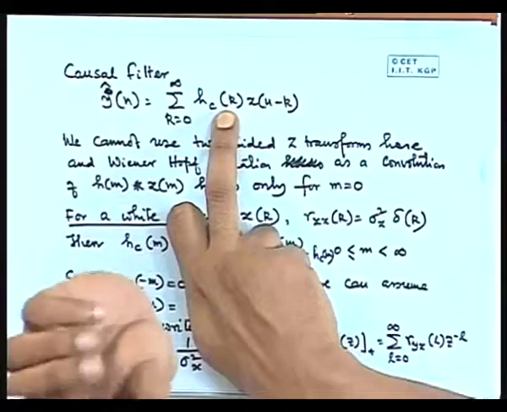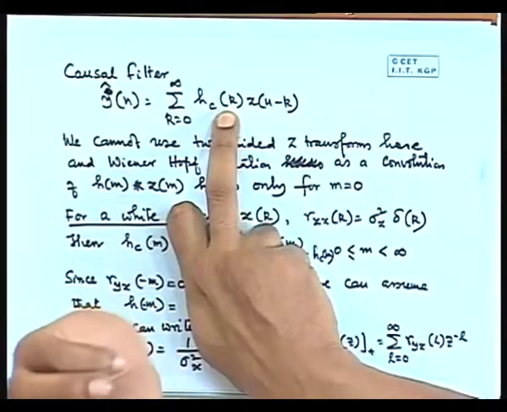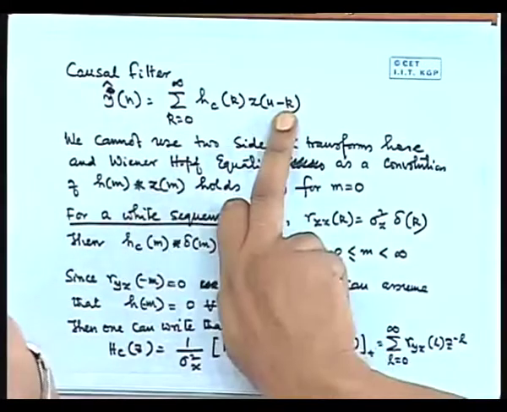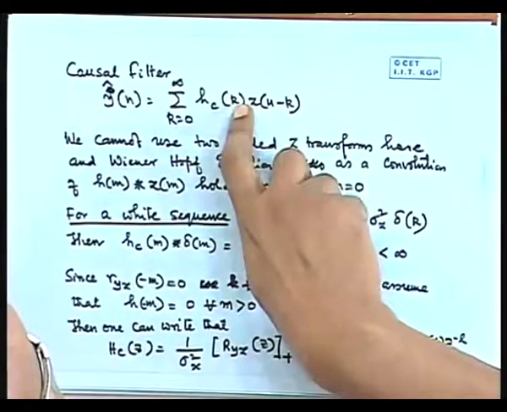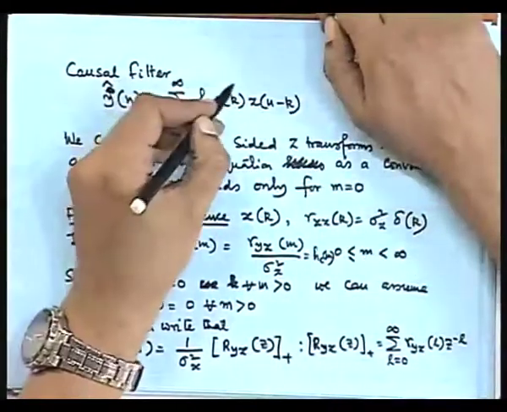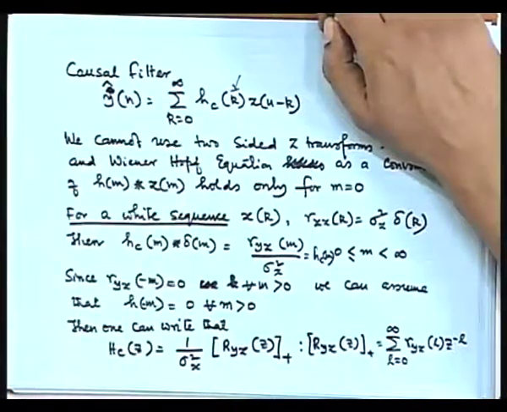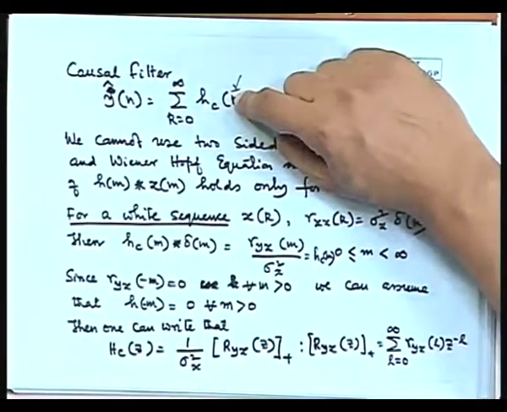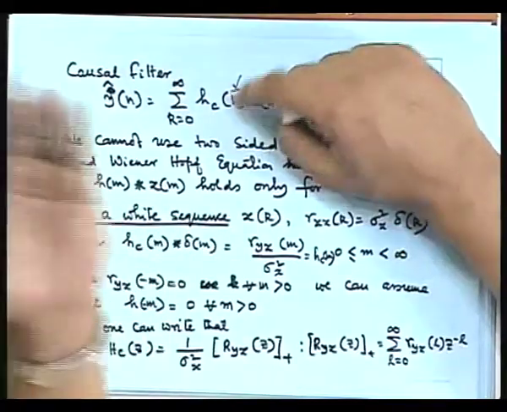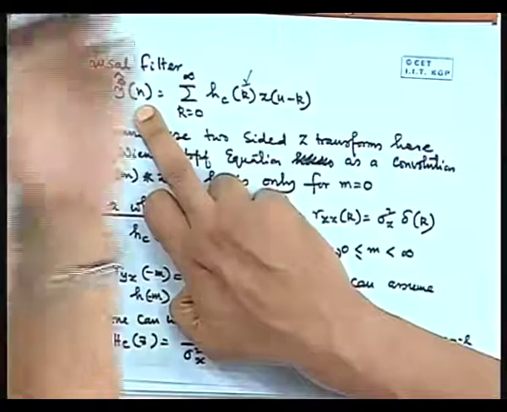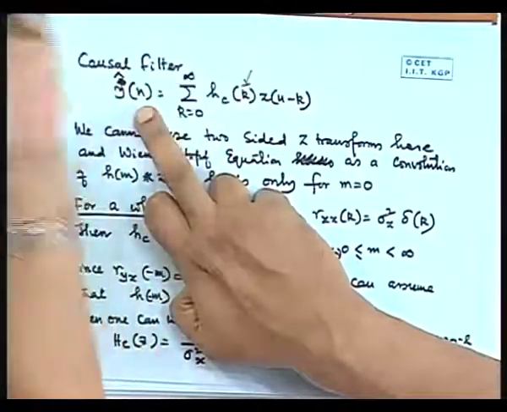You are trying to solve for a filter that must satisfy this equation, and it will be a causal filter. So these are going to be 0 for k less than 0, which means you cannot write a Z transform equation for k from minus infinity to plus infinity, because you don't have values. You cannot define autocorrelation functions.